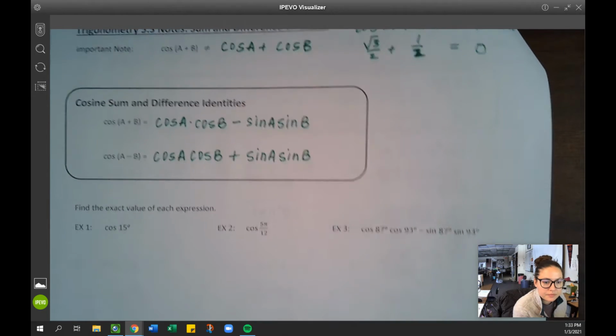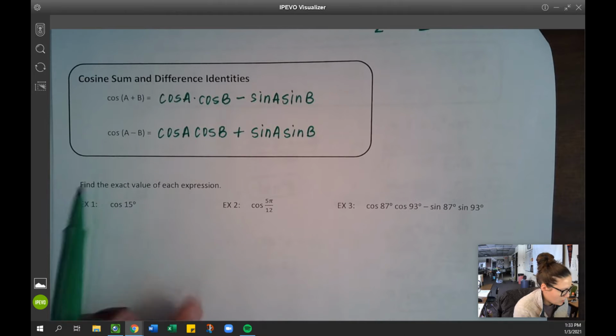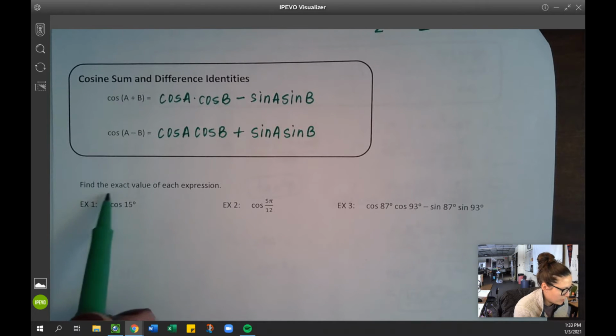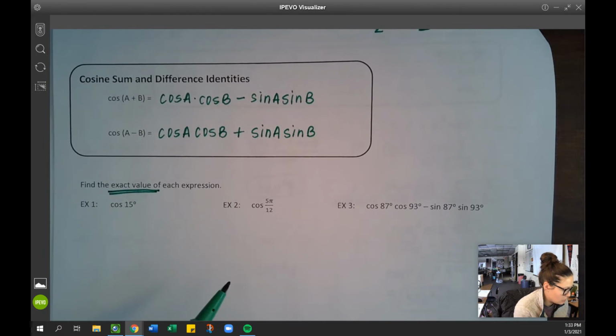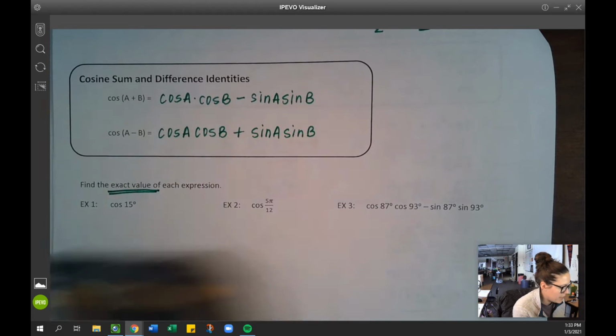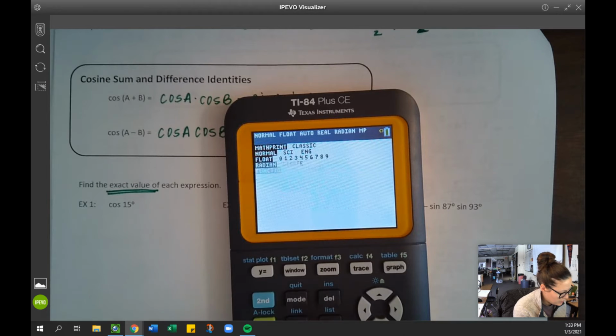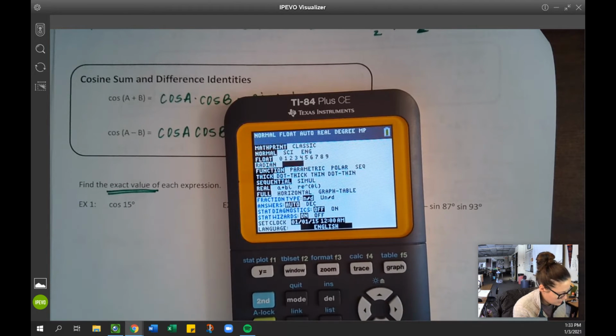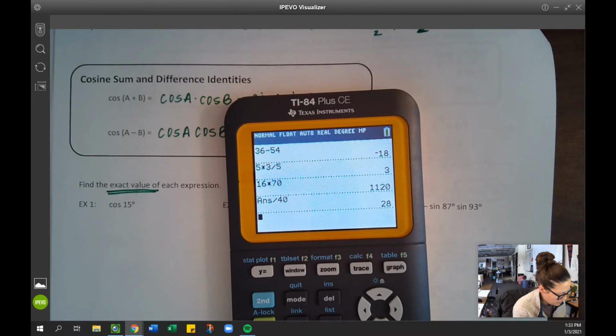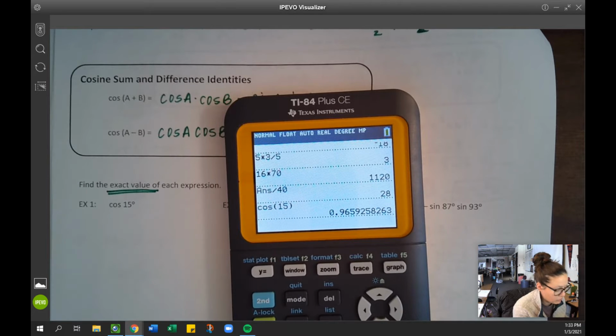So we are going to use our formulas here to help us find the exact value of each expression. So remember, exact value does not mean I'm just going to go to my calculator and type in cosine 15 and write down that decimal. That's not what we're doing.